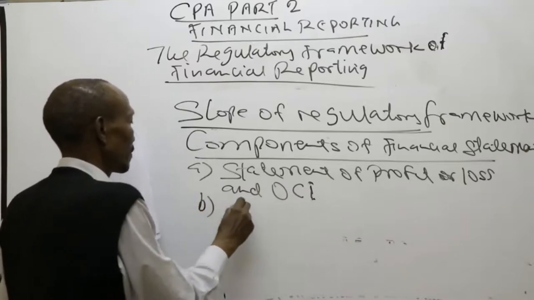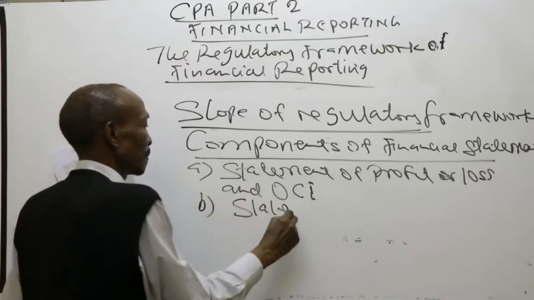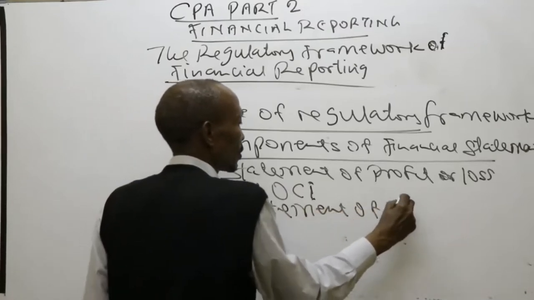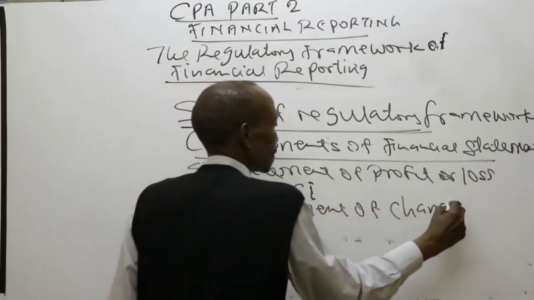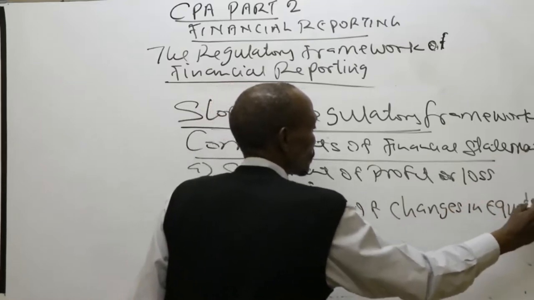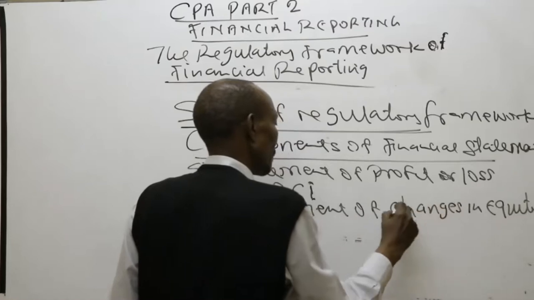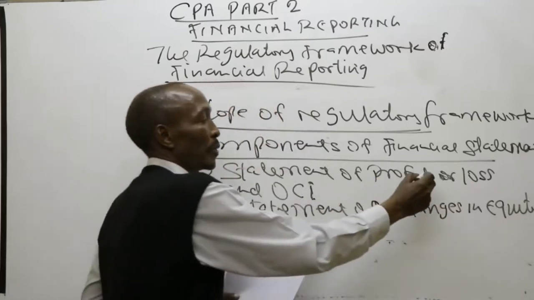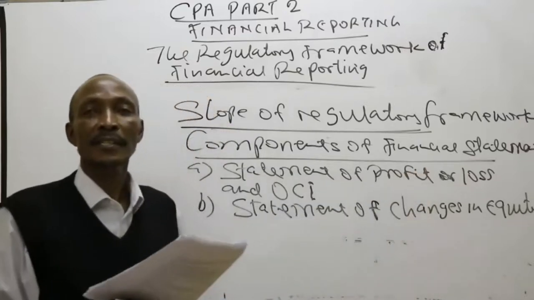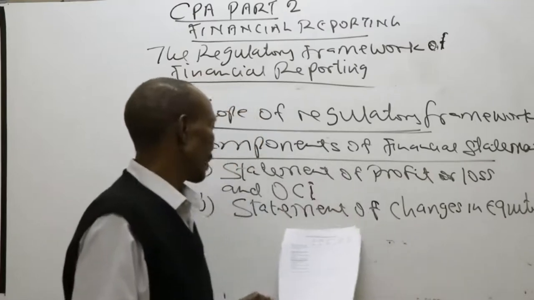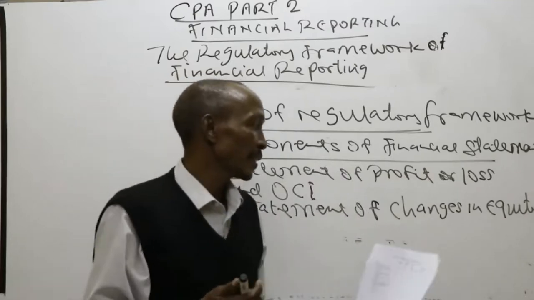Then we have the statement of changes in equity. Now, the statement of profit or loss was made up of incomes and expenses and profit. Incomes, expense, and profit. The statement of changes in equity.